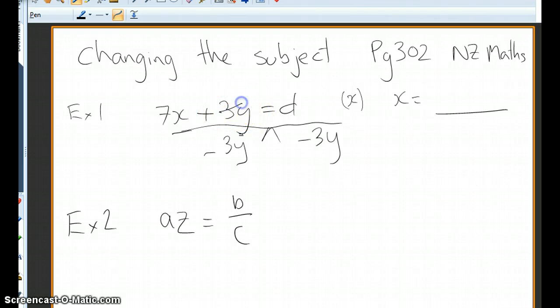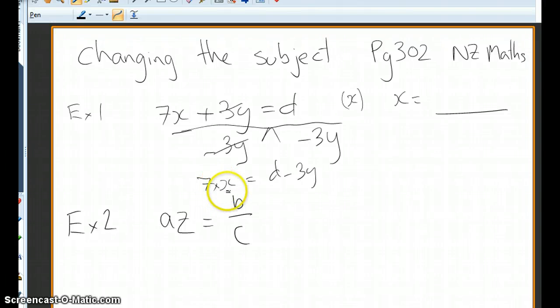It's brilliant because it actually cancels that 3y from the left hand side, and I'm left with 7x equals d minus 3y. You'll know that in here is multiplication, and you hopefully know that to undo multiplication you use division.